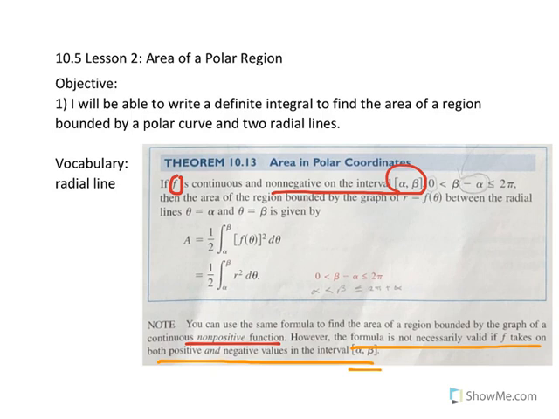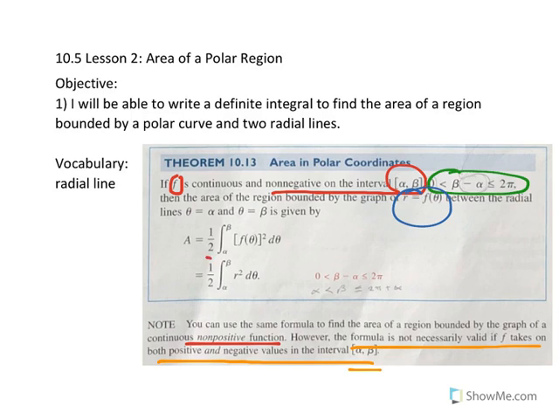This restriction, as we said yesterday, is just to make sure that you're not doing more than one complete revolution. Then the area of the region bounded by the graph of the polar equation and the radial lines alpha and beta is given by this definite integral.